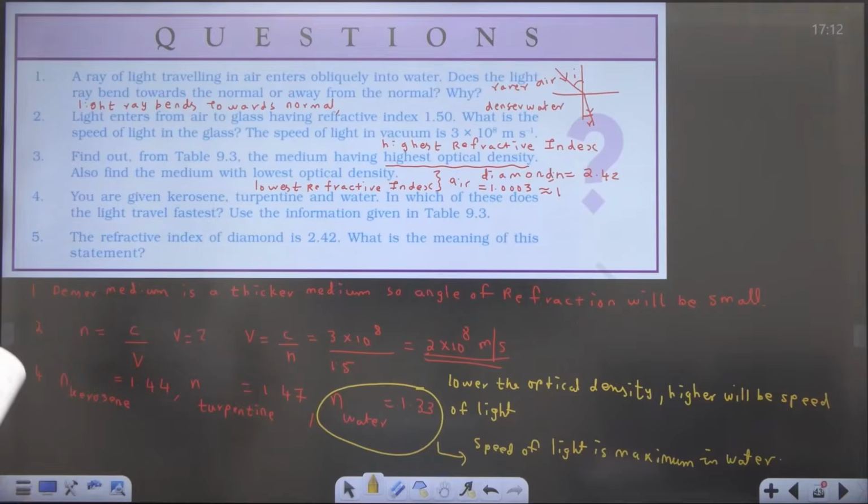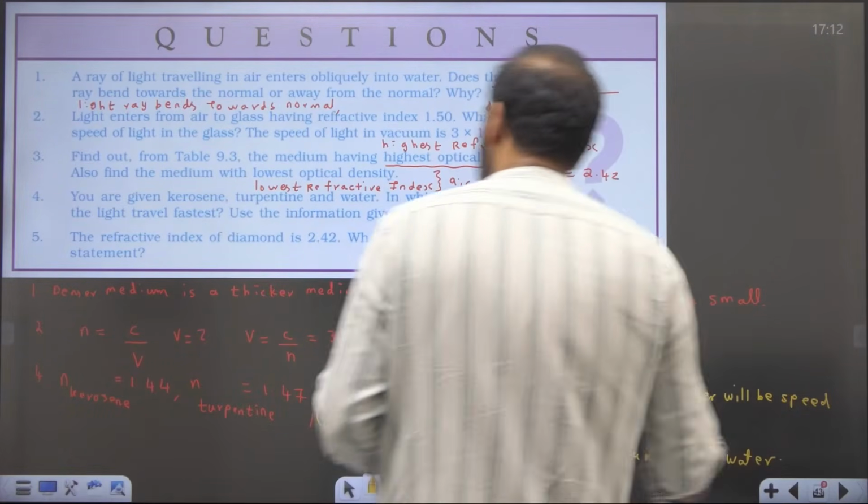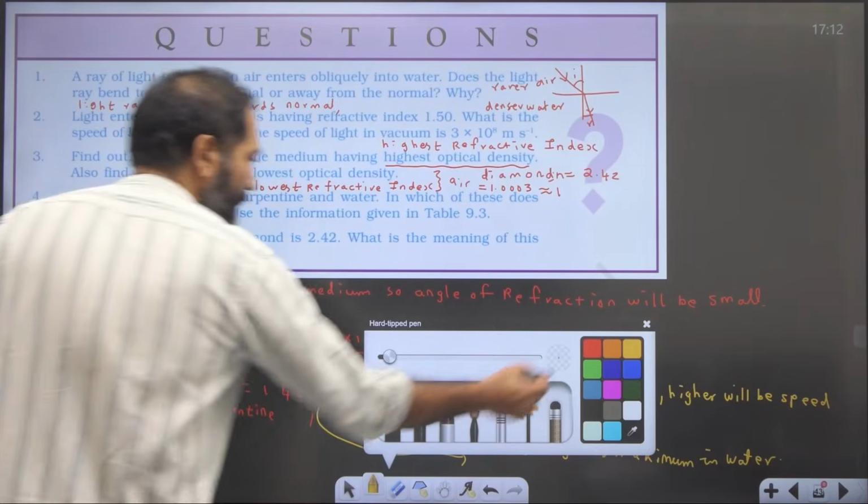The refractive index of diamond is 2.42. What is the meaning of this statement? I will explain that.